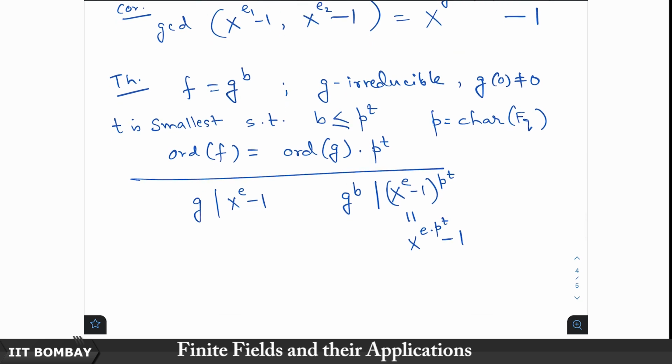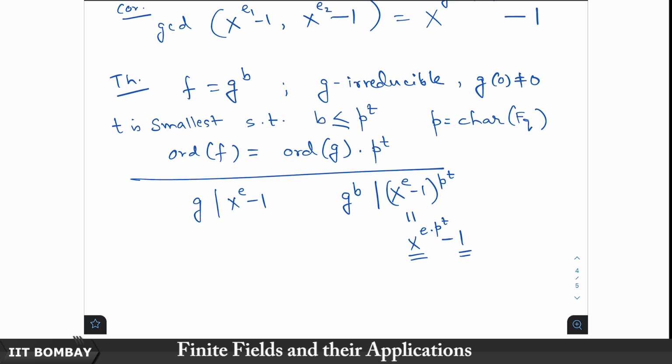Why? Because we are doing all these operations over F_q, and p is the characteristic of that field. So, if you raise any polynomial to the power p or powers of p, that powering distributes over all the terms, and 1^(p^t) is the same as 1. So, this term remains unchanged and the power comes only to this term.